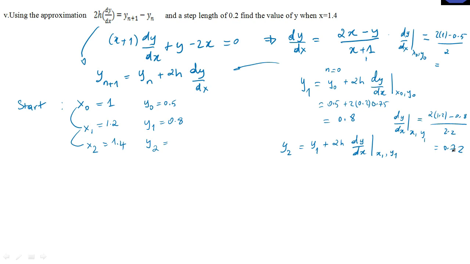Substituting right in here, I have 0.8 plus 2 into 0.2 into 0.72, and that would give me 1.0909, and this is what we're looking at.